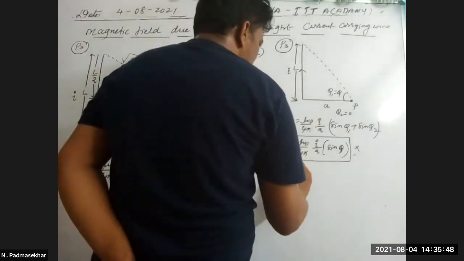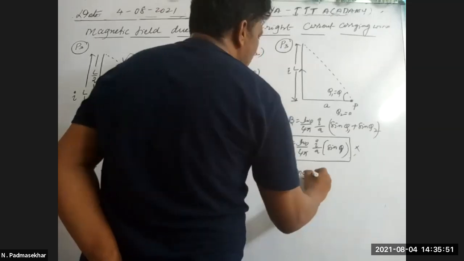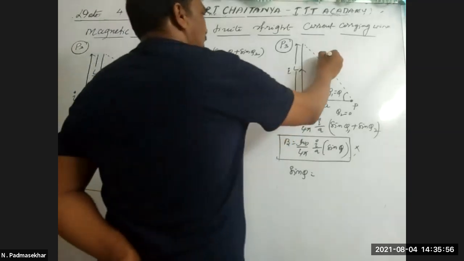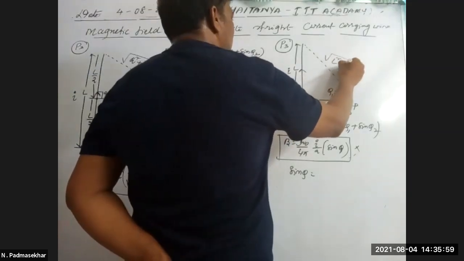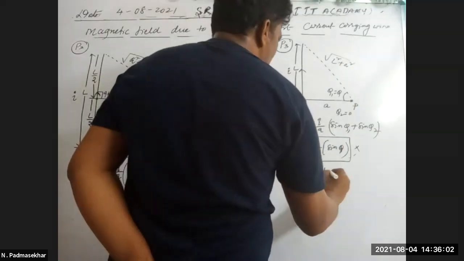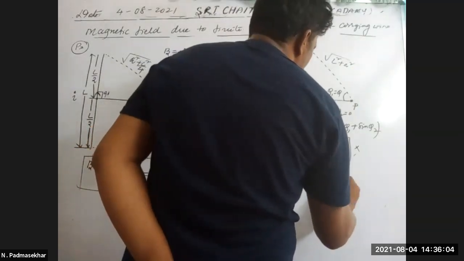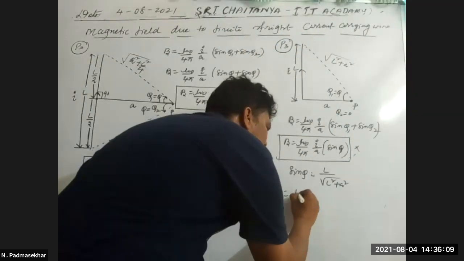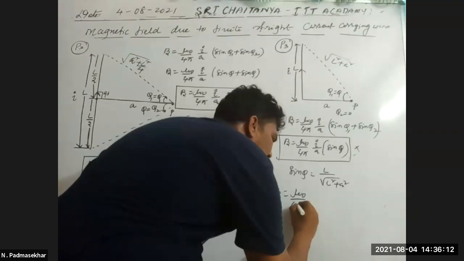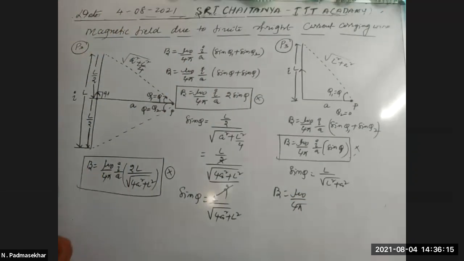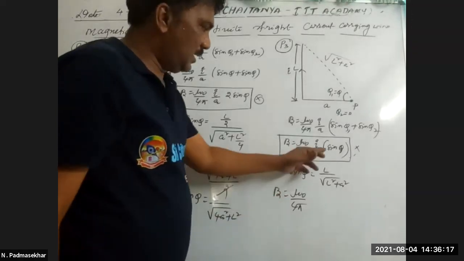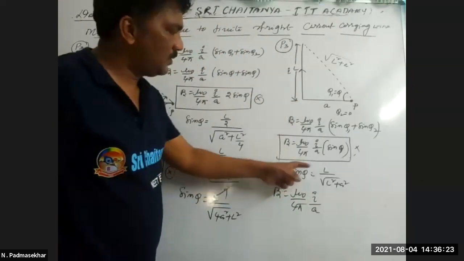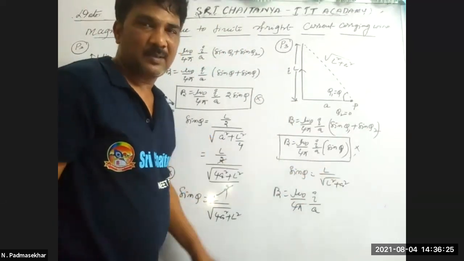And here, what is sine phi? Sine phi is equal to L by root over L square plus A square. So the magnetic field B is equal to mu naught by 4 pi, I by A, into L by root over L square plus A square.